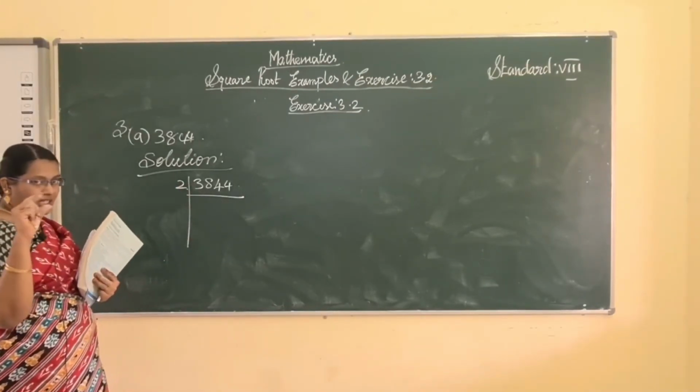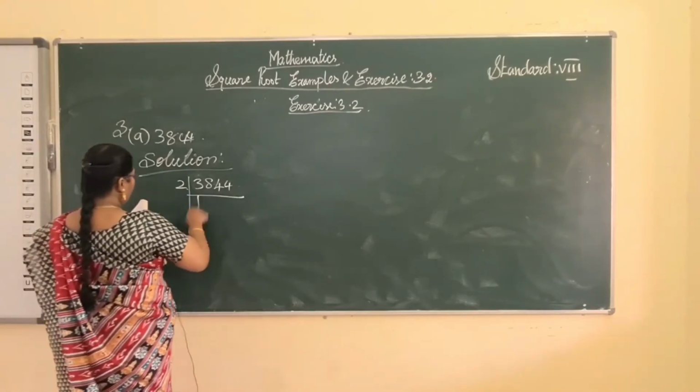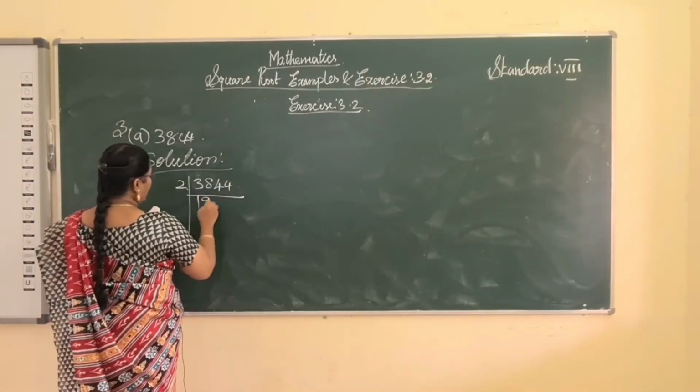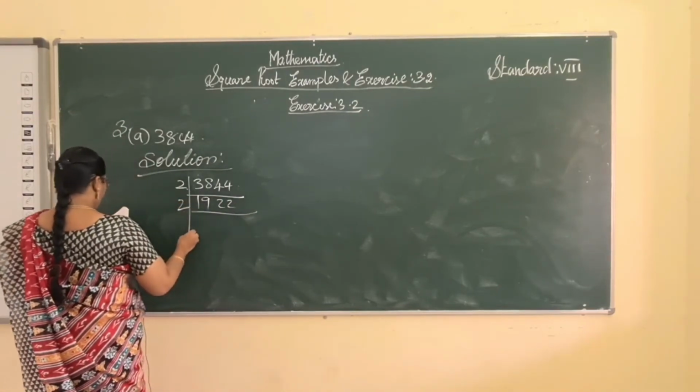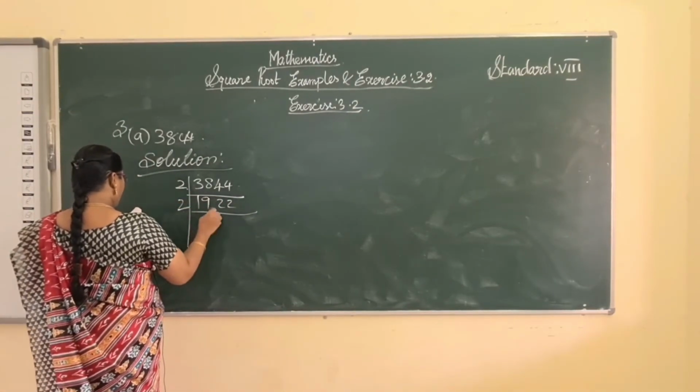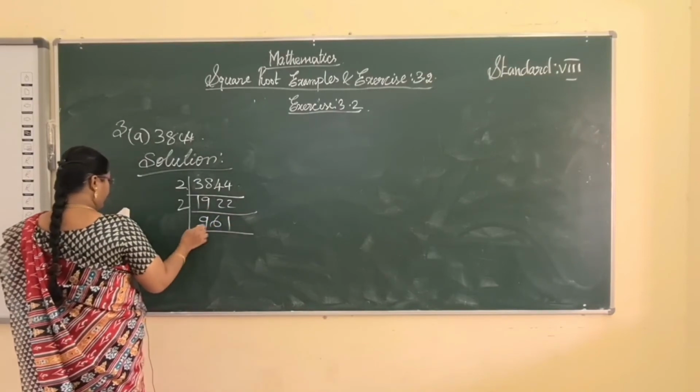First apply the smallest prime number. 2 1s are 2, 2 9s are 18, 2 2s are 4, 2 9s are 18, 2 1s are 2.